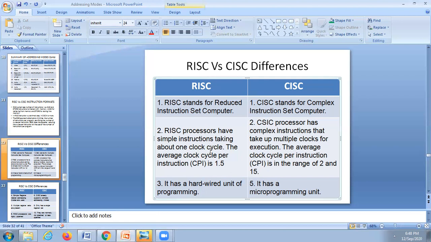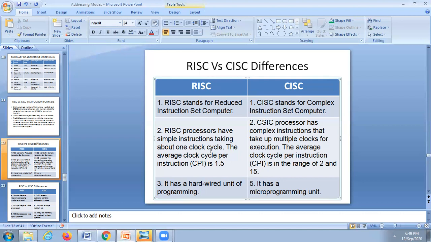We are talking about different frequencies of processors. The processor may be the same but with different frequencies, which means the clock cycles are different. The clock time, equal to 1 by frequency, gives the time period. That is called the clock cycle, or cycle time.